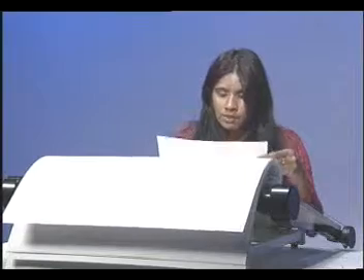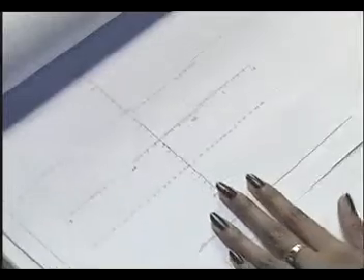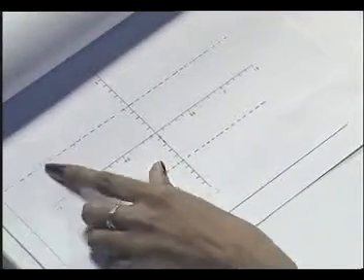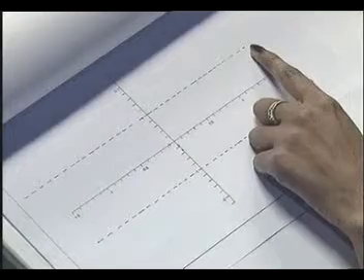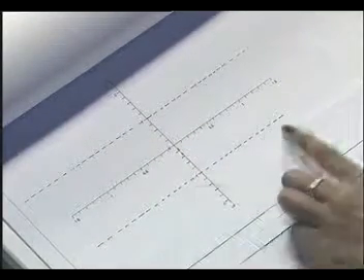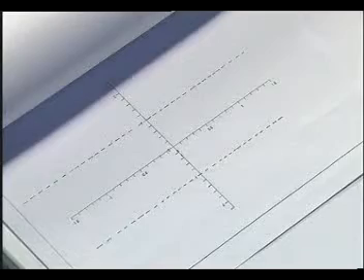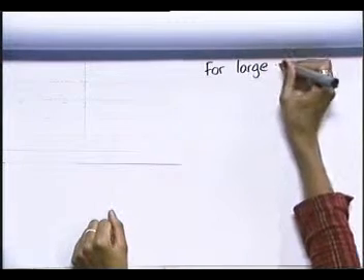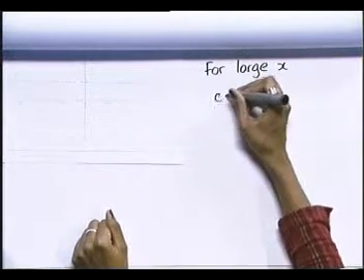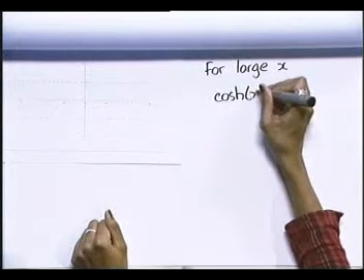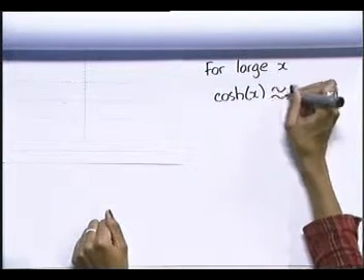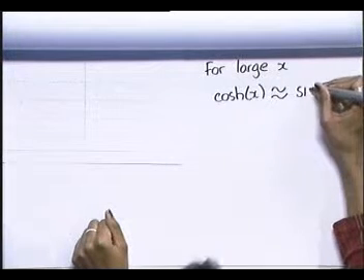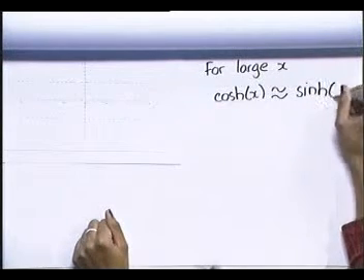Now here I've got a set of axes which I'll use to draw tanh x onto. I've got an asymptote here at y equals 1 and one at y equals minus 1, and you'll see why in a minute. Now remember that for x large, we saw that cosh x was very, very close to sinh x.